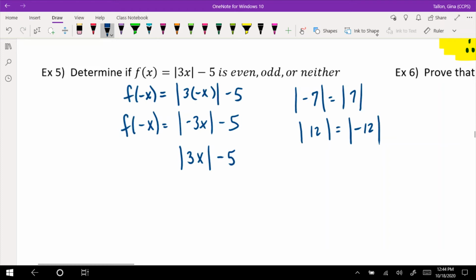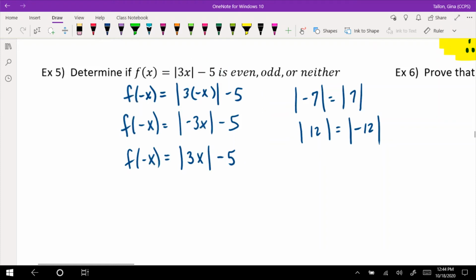And this just takes a little bit of thought process for you to come up with that, but you're coming up with it because your purpose here is to see whether you get the original function back again, or the opposite of the original function back again, or neither case. But we certainly don't want to eliminate the absolute values from the problem.